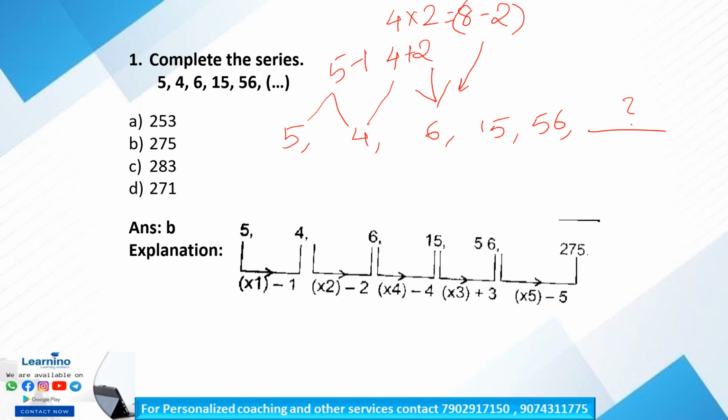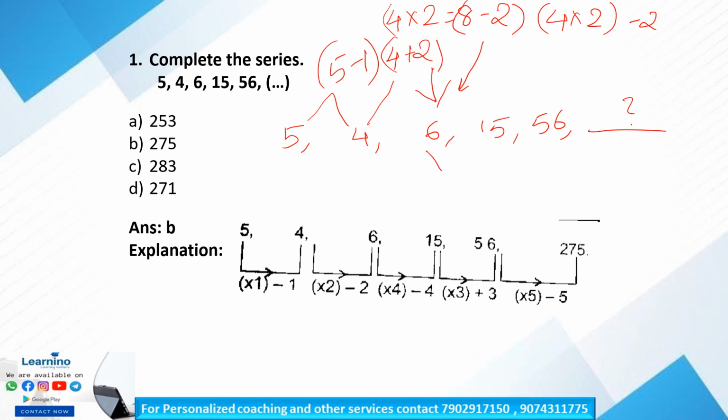Okay, 5 minus 1 is 4, that is clear. Then second, what is the relationship between 4 and 6? 4 plus 2 is 6, or 4 into 2 is equal to 8 minus 2, that is 4 into 2 minus 2 is 6, right?